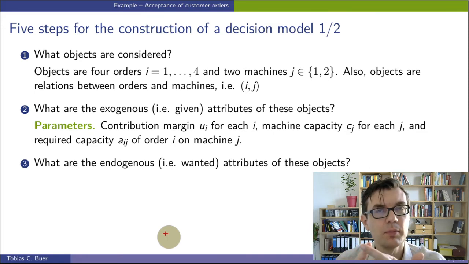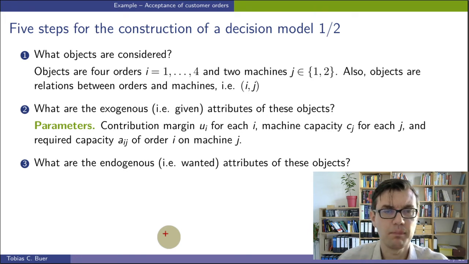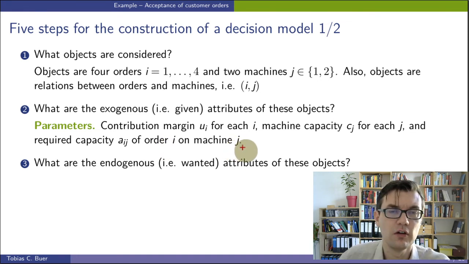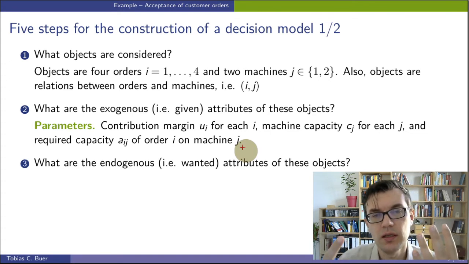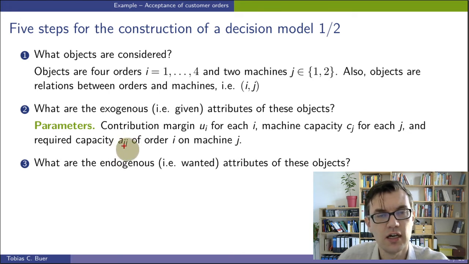We have the available machine capacity, Cj, for each machine j. And we have the required capacity Aij of hours to produce order i on machine j. Since we have 4 orders and 2 machines, we have 2 times 4, 8 different values for Aij.